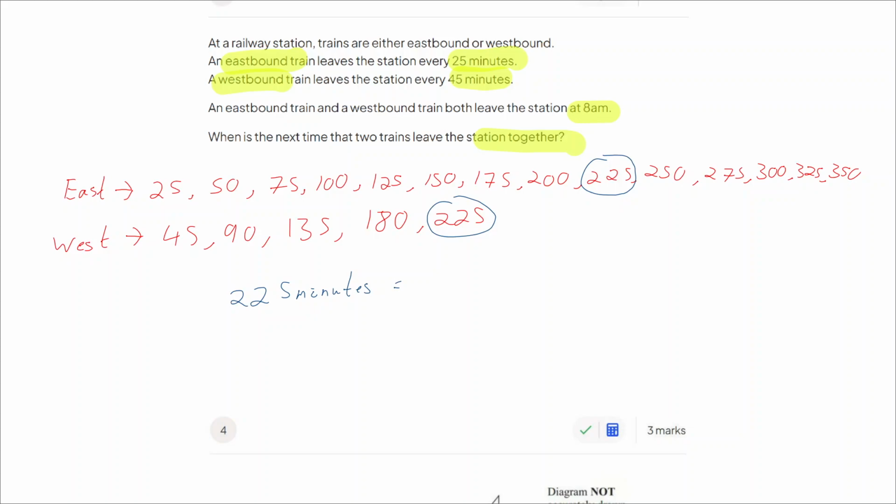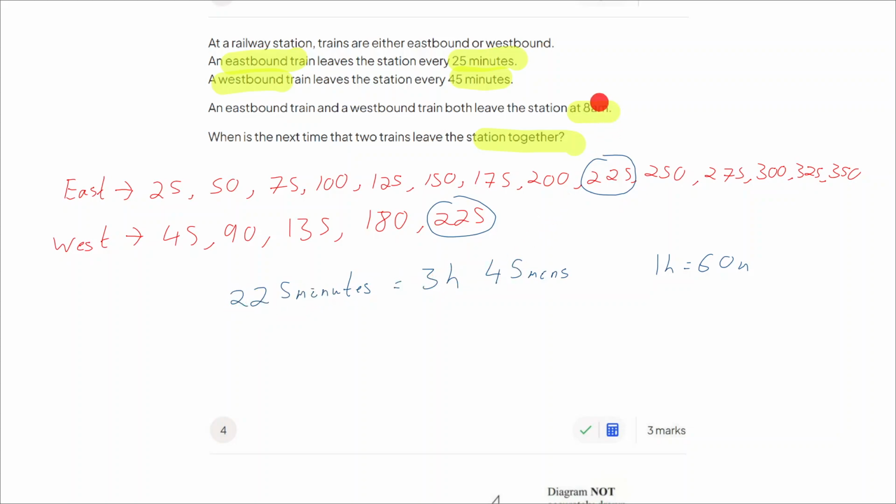Now, we know that 1 hour is, of course, equal to 60 minutes. So 60, 120, 180, you can fit 3 lots of 60 minutes into this. So 3 hours will take you to 180 minutes. And then from 180 to 225, you've got 45 minutes left over. So 225 minutes is the same thing as 3 hours 45 minutes.